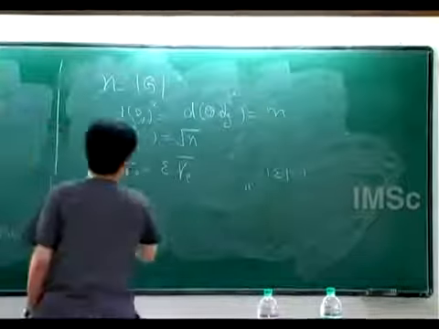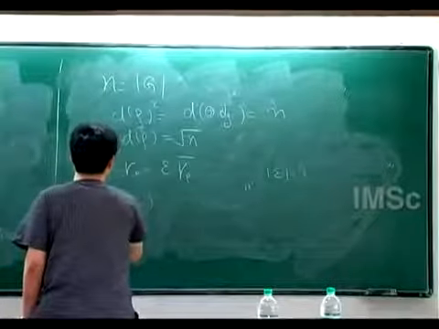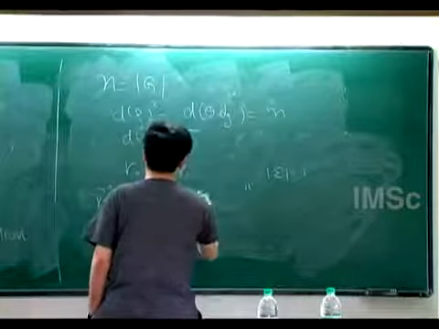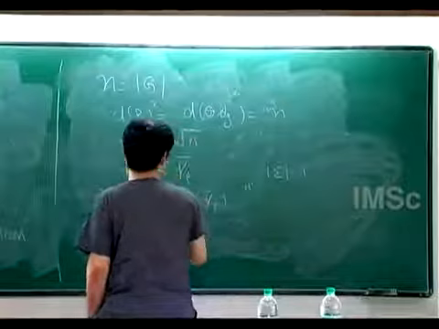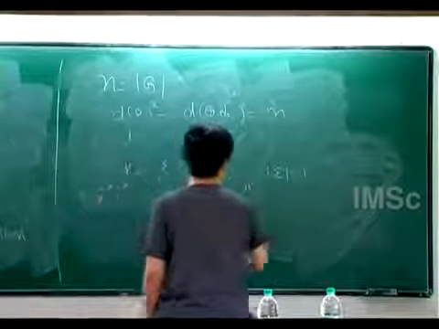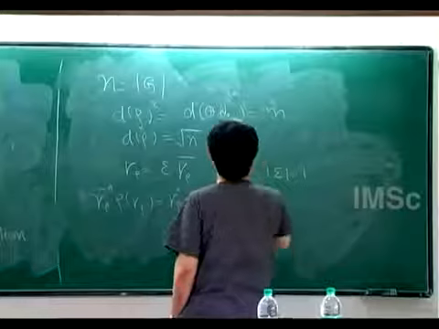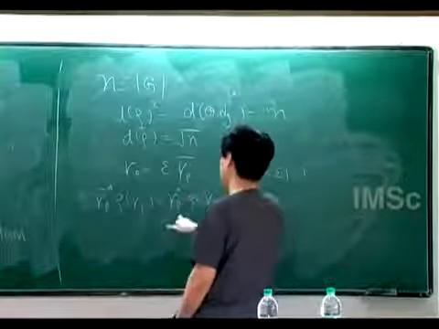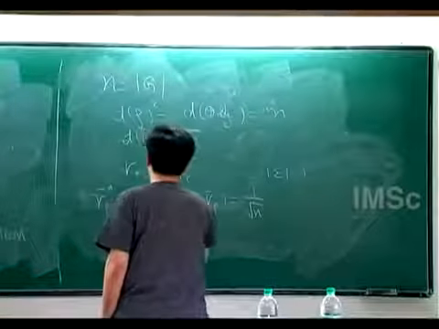But we have the two relations here. The dimension d is square root of n. So this means that this epsilon must be real.